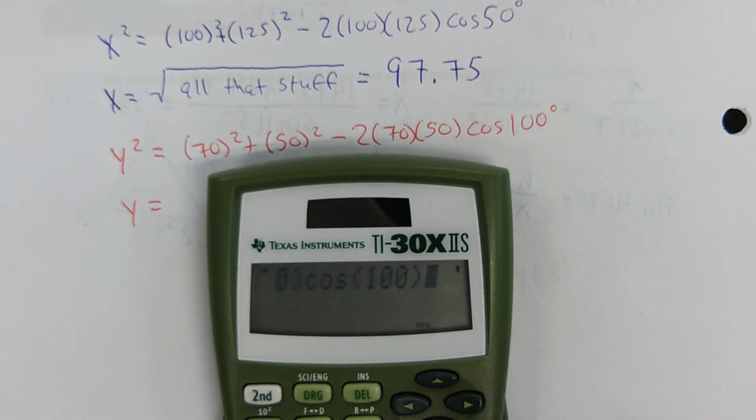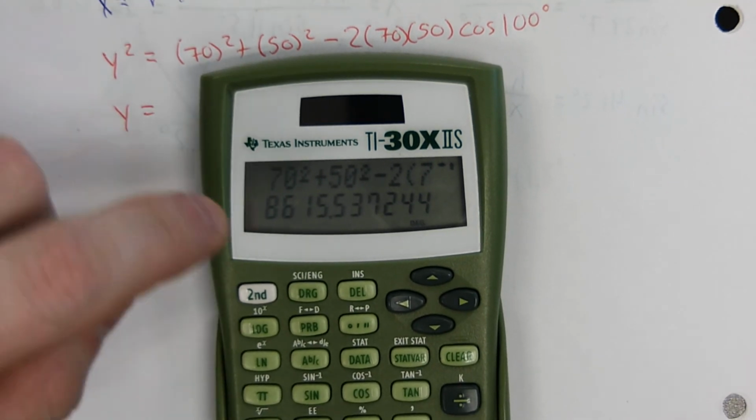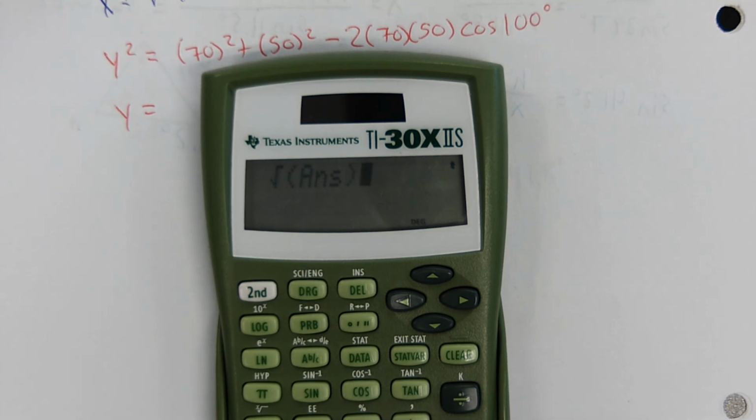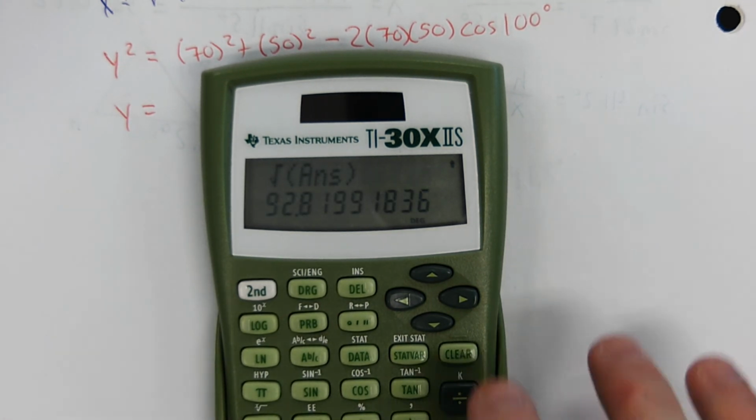I'm in degree mode. It's a big number, but of course, we need to take the square root of all that stuff. Writing square root all that stuff would be marked as bad method on a test. Got a side length of about 92.82.